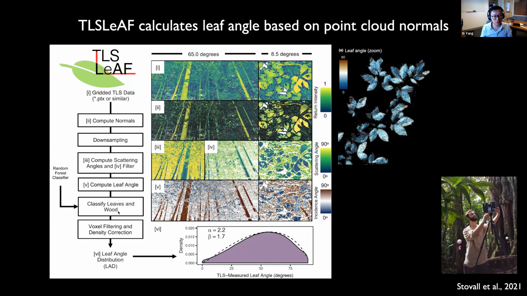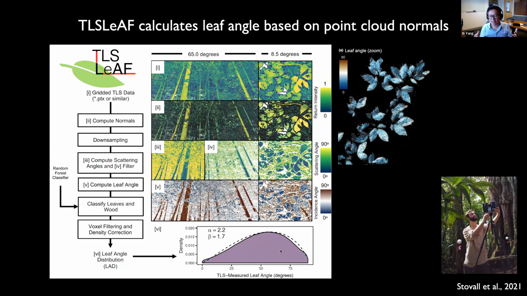When you take all those data together, going through steps like classifying leaves and wood, and including some noise filtering, eventually you'll get something like this leaf angle distribution, also fitted with a beta distribution.